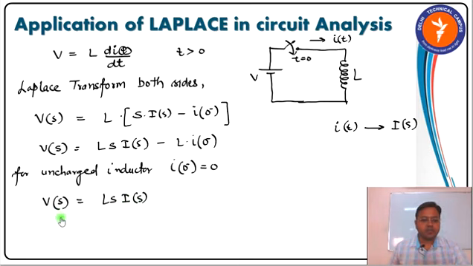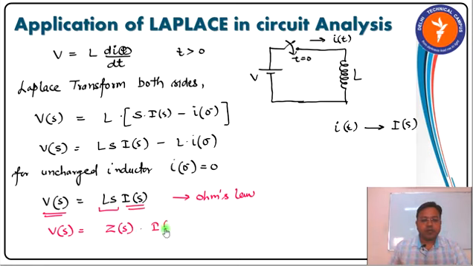Now see here, we have the voltage, we have the current, and we have a factor which relates these. If I look at Ohm's law, then this factor must be like an impedance. That is, I can write this as V(s) equal to Z(s) into I(s).